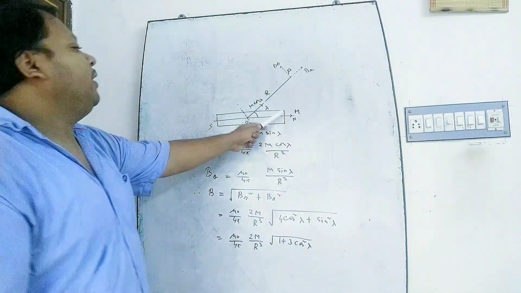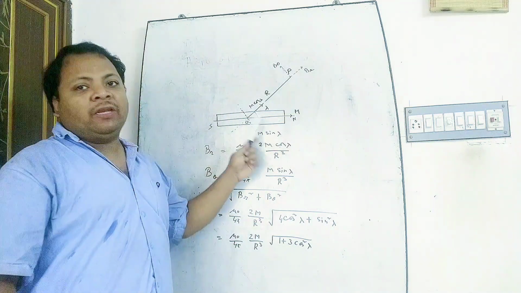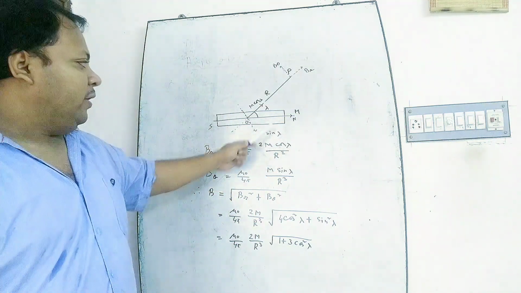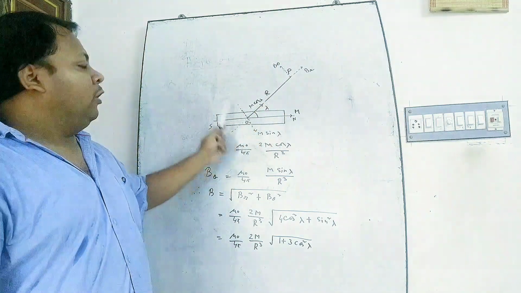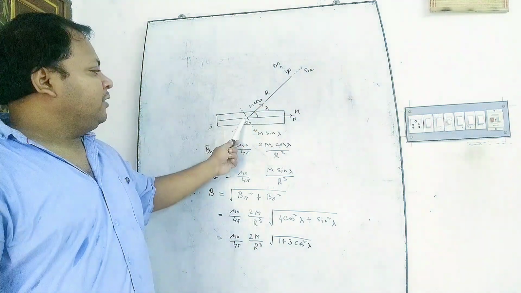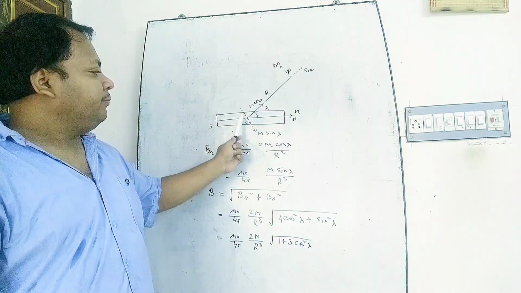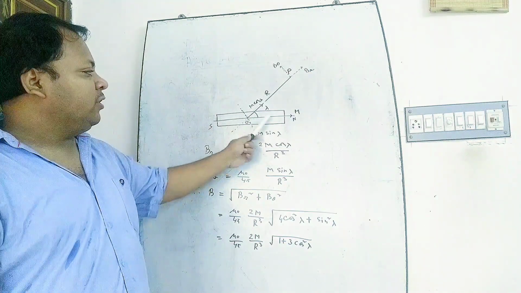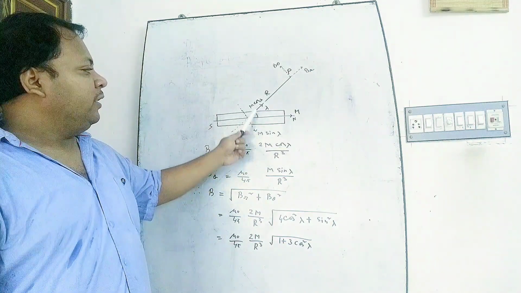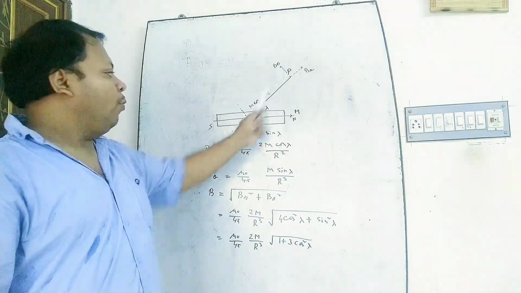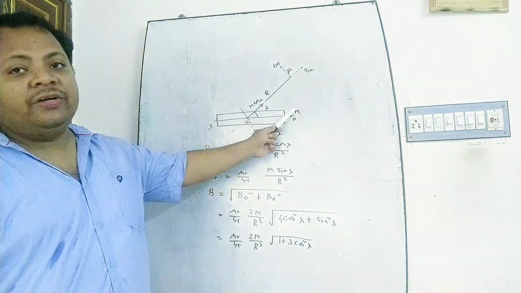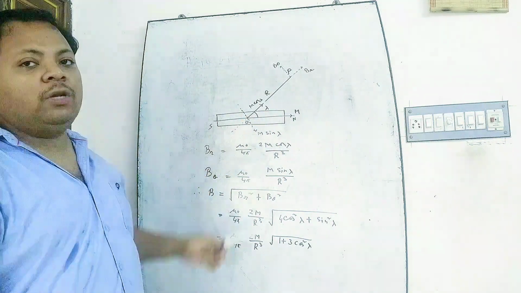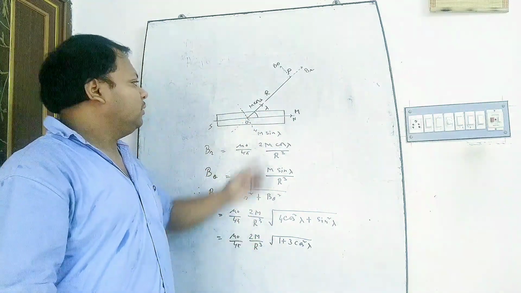Let capital M be the magnetic dipole moment of this bar magnet. Now P is a point at a distance r from the midpoint of this bar magnet, and lambda is the angle between OP and ON. Now we can resolve M into two mutually perpendicular components.